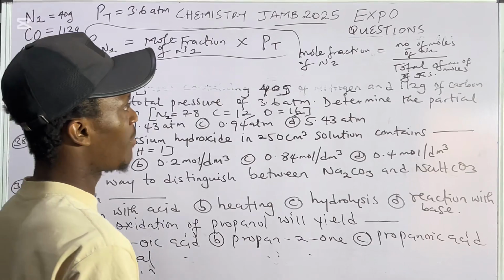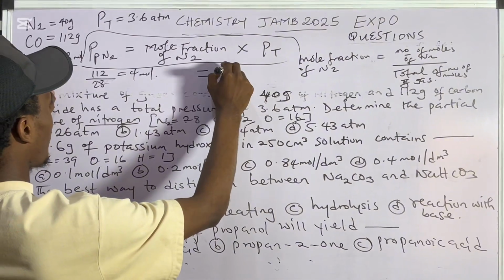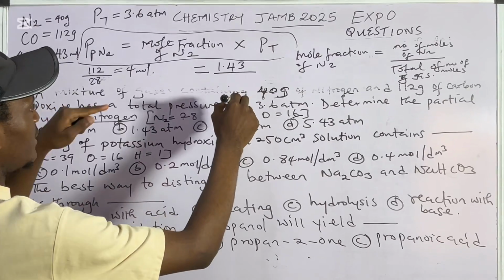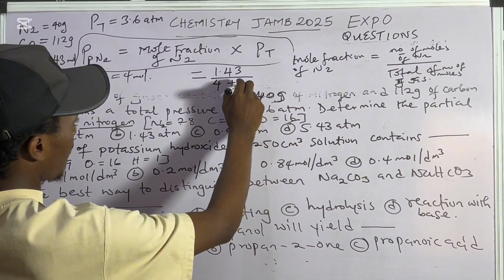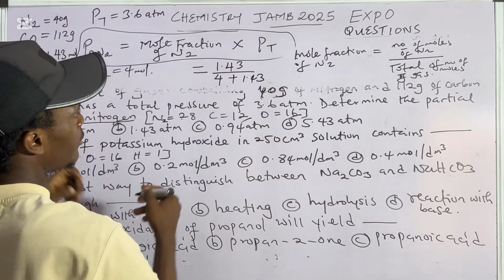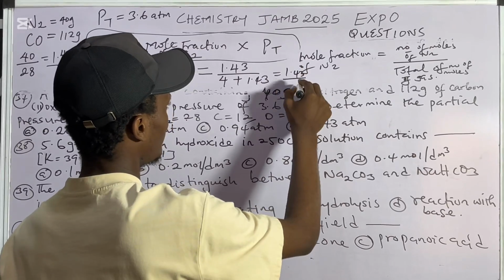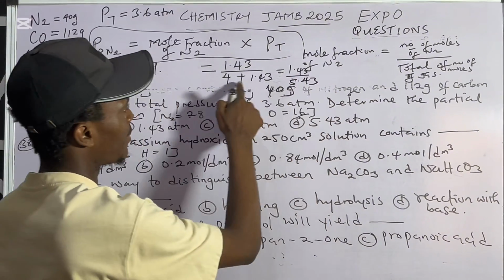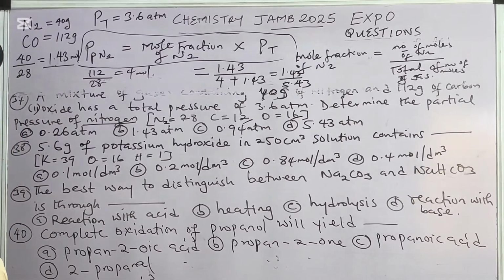The number of moles of nitrogen is 1.43, plus the number of moles of CO, which is 4, so the total is 5.43. So that's the mole fraction, 1.43 over 5.43. So we have obtained our mole fraction.